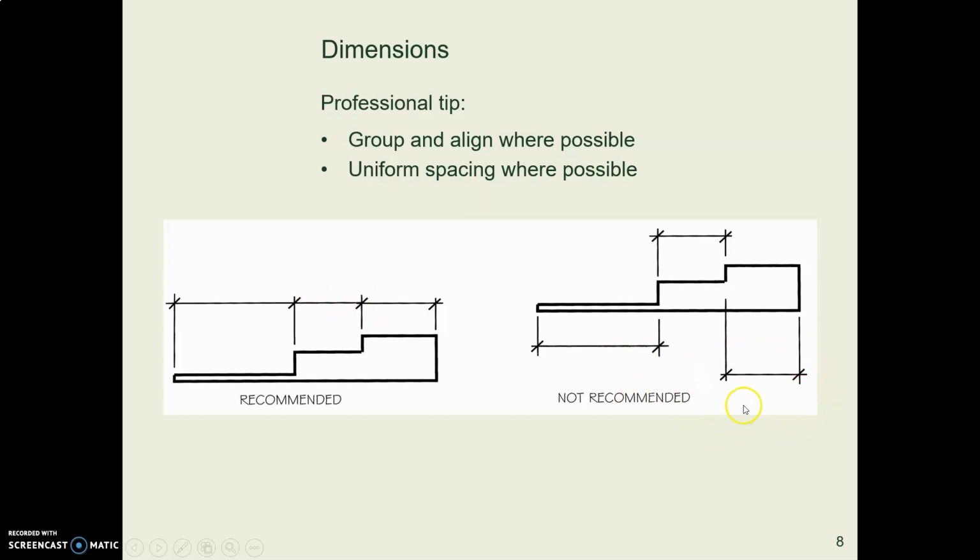This drawing on the right is the same object, but it has dimensions that bounce around, some on top, some on bottom. This one on the right is really harder to read, and it takes your builder more time to try and sort through. This one on the left, where everything's all lined up, makes your contractor's job easier and faster, and it makes you look good.